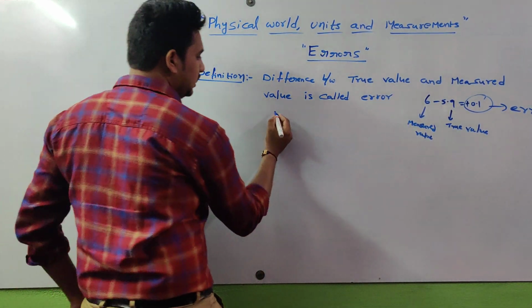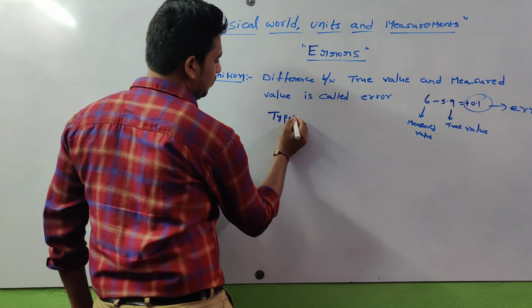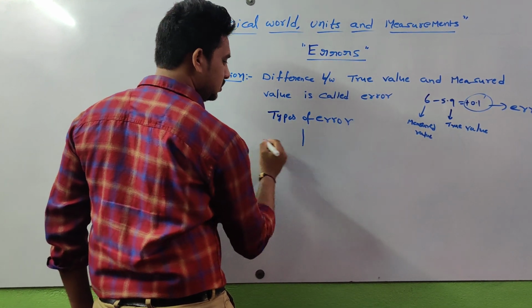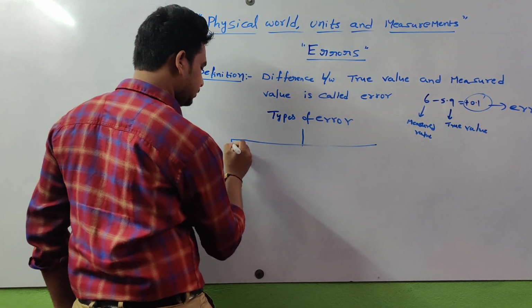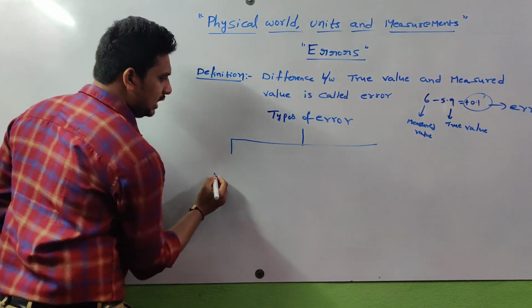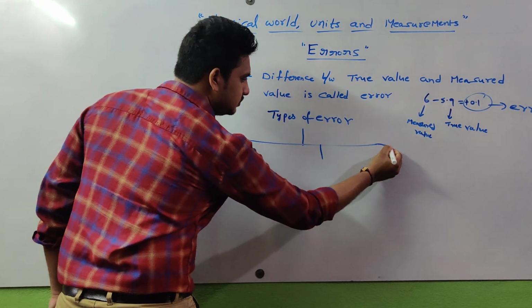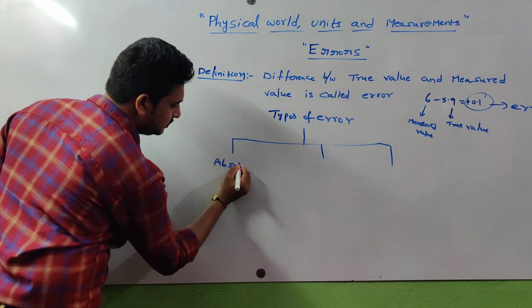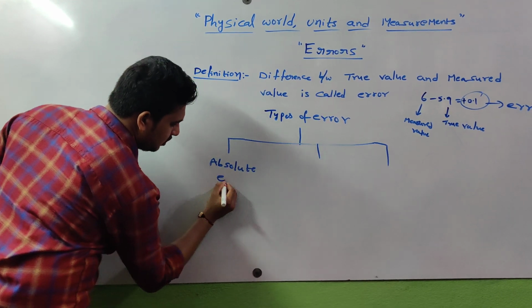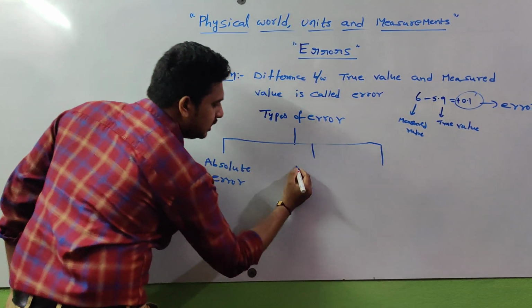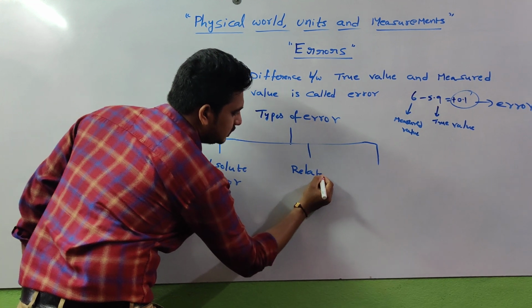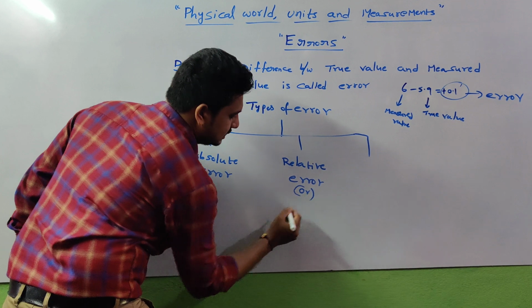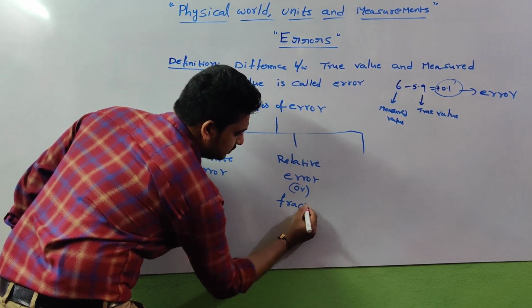Next, types of error. We have mainly 3 types of error. First one is absolute error. Next one, relative error, which is sometimes also called fractional error.